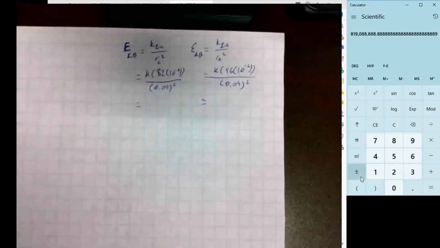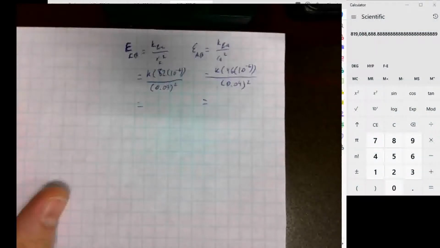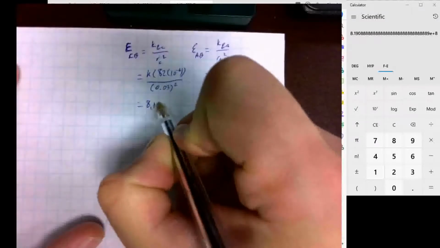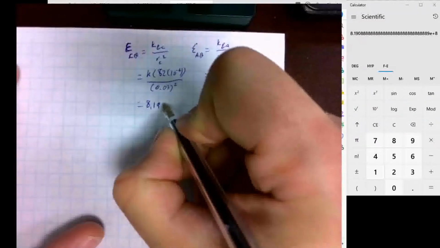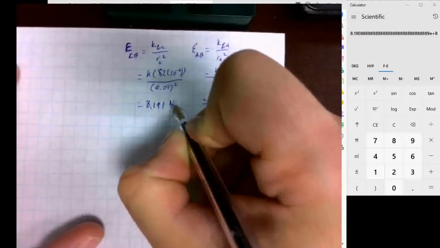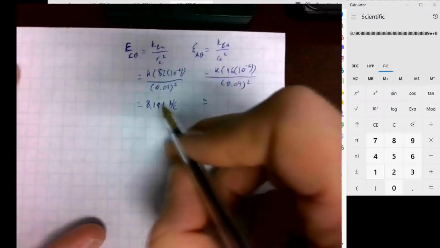So this is a rather large value. I'll write down 8.191 newtons per coulomb, and we'll work on the direction after.